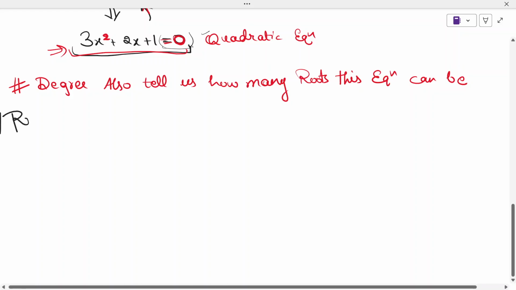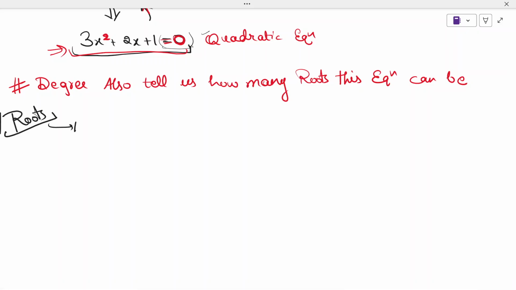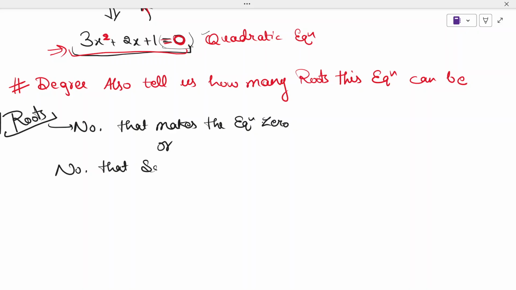Roots are basically the numbers that make the equation 0, or you can say numbers that satisfy the equation. Roots are basically the numbers that make this equation 0.